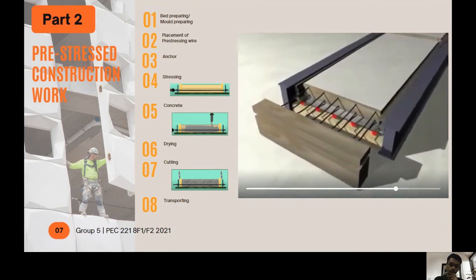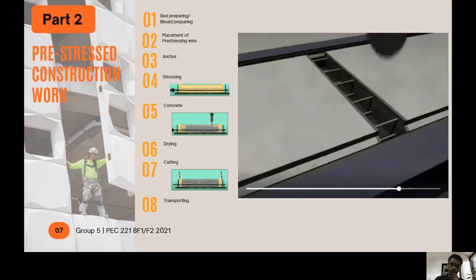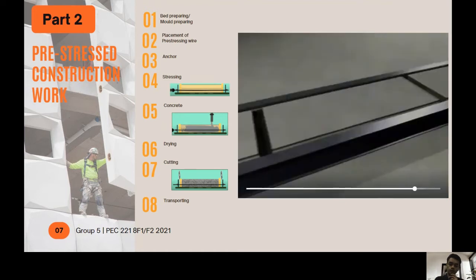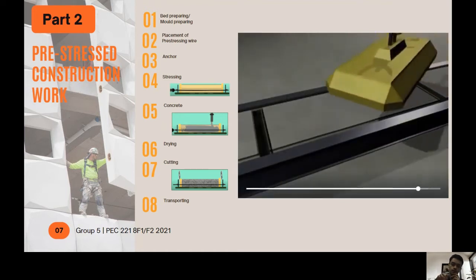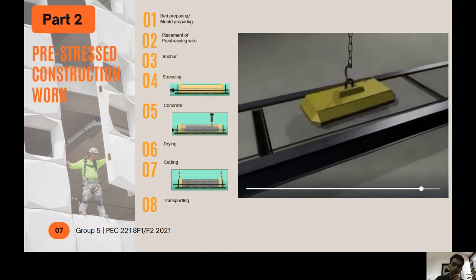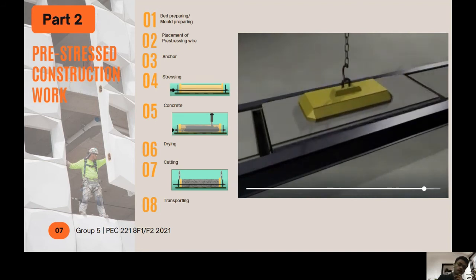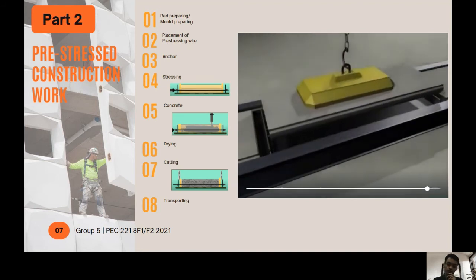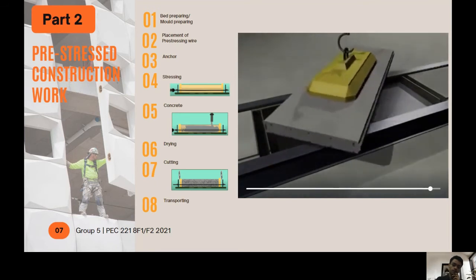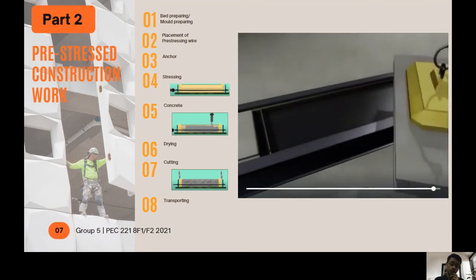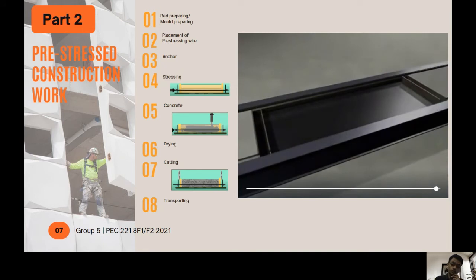After the concrete dries, they will cut the end of the wire so that they can take one of the structures. They will take one and do the test. If it passes, it can be transported to the construction site to be used to construct the building.